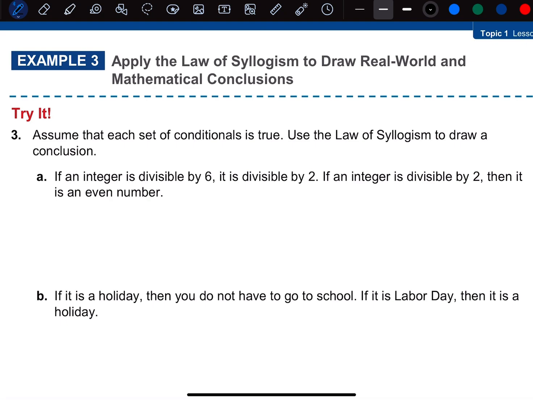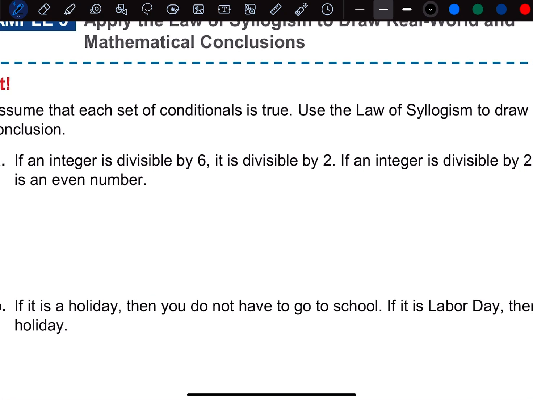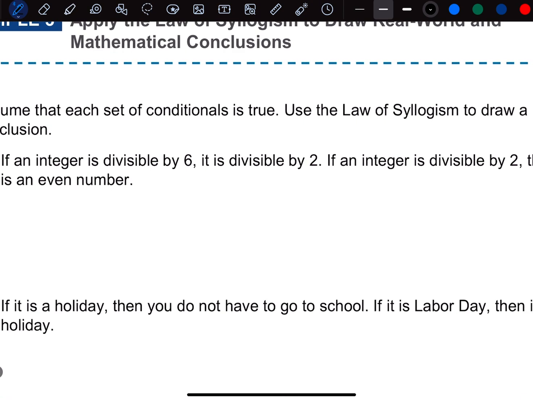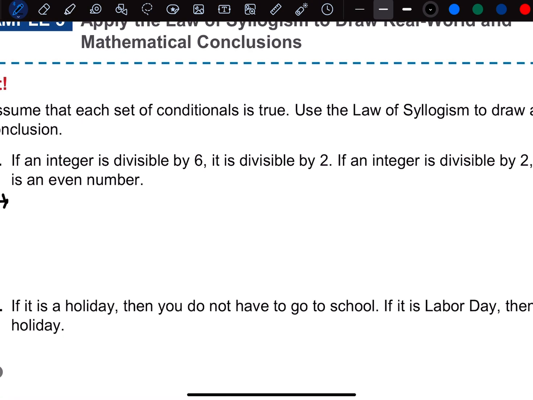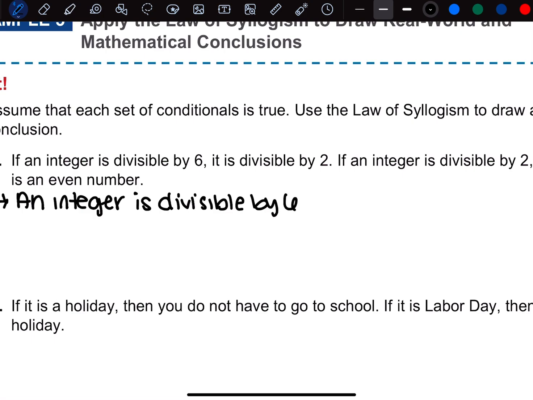So if you have resumed this video, you have identified P, Q, and R. So P: if an integer is divisible by 6, it is divisible by 2. If an integer is divisible by 2, then it is an even number. So the hypothesis is an integer is divisible by 6.